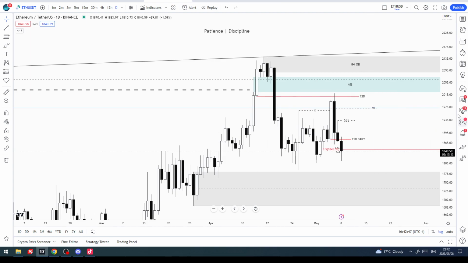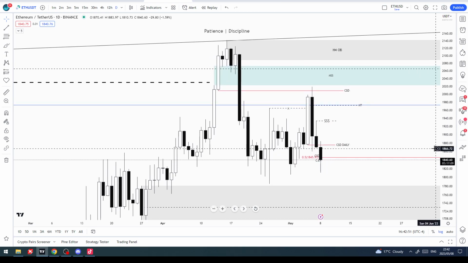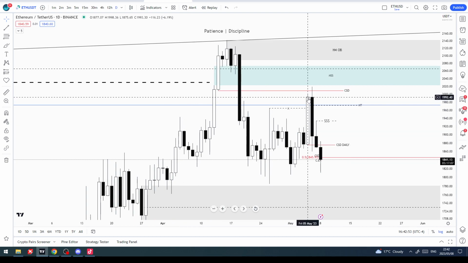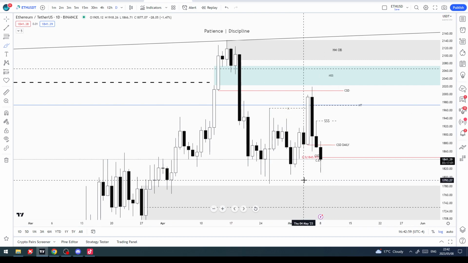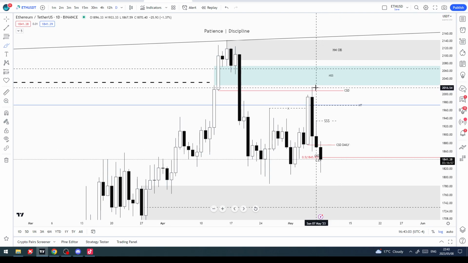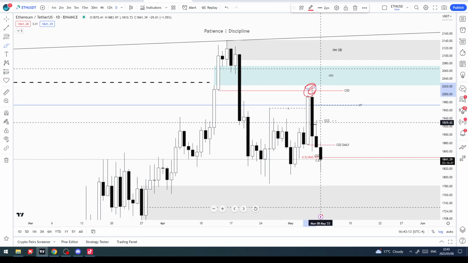ETH on a daily is slightly bearish, more bearish in terms of the delivery, because we had this daily candle that took liquidity, got traded through here. We're looking for the next CSD because the highest closing candle here is a down candle, and if it was a proper order block or proper rejection block, we'd want it to be an up candle, not a down candle, right?